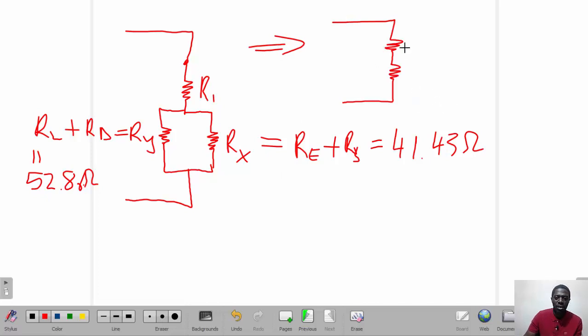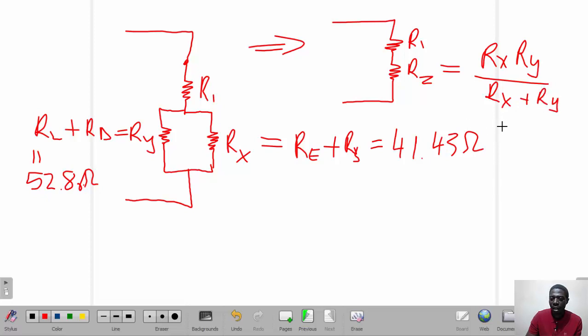Now these two resistances are parallel, so what we get now, the final circuit, is two resistances in series. One is maintained as R1, the other one we can label as RZ, which is equal to RY parallel to RX. So it is RX multiplied by RY over the sum of the two, RX plus RY.